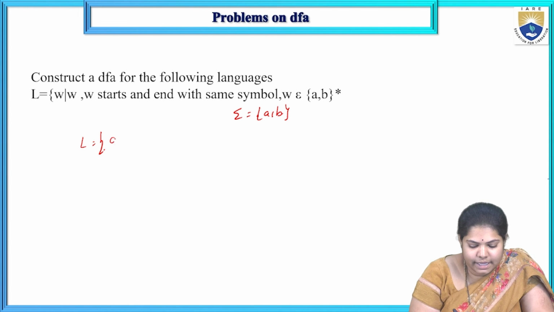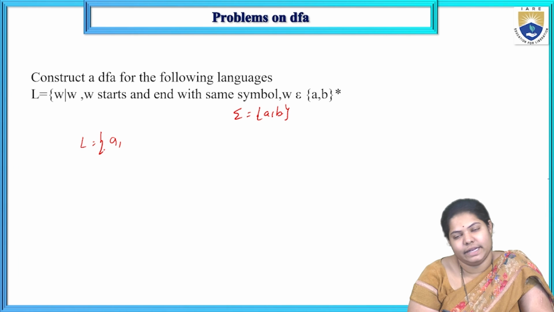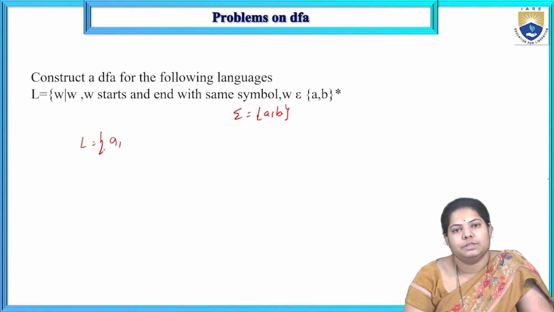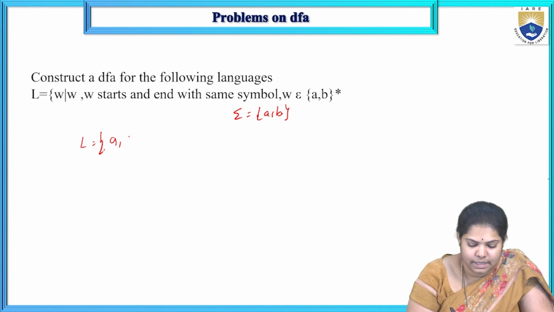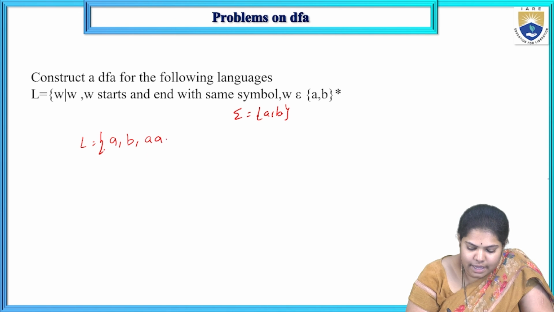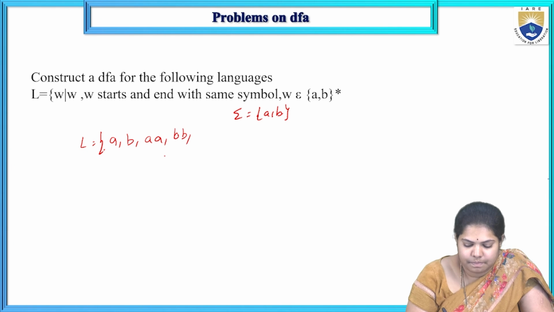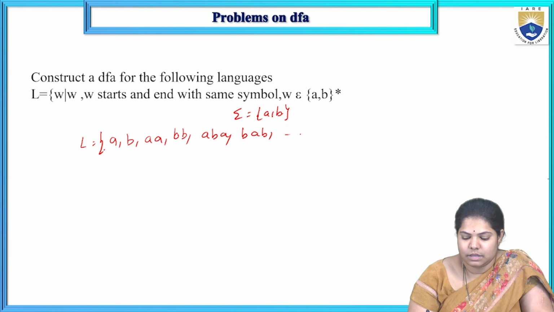Starts and ends with the same symbol. So I can take A itself, it starts with A and it ends with A. So I can take the single A. I can also take the single B. And I can take BB, ABA, BAB and so on.